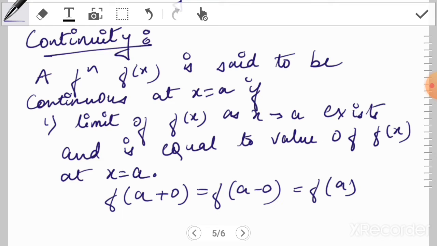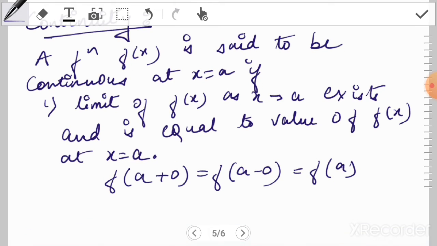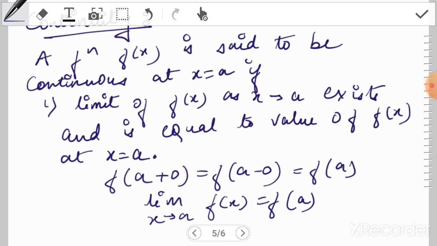Or you can write the limit as x tends to a of f(x) is equal to f(a). And also the value of f(x) at x is equal to a should be a definite number.